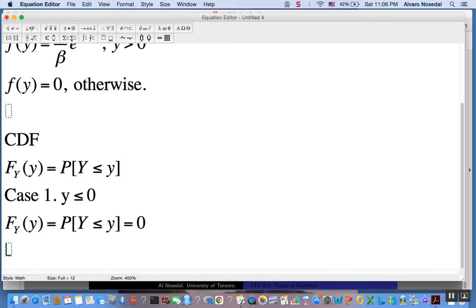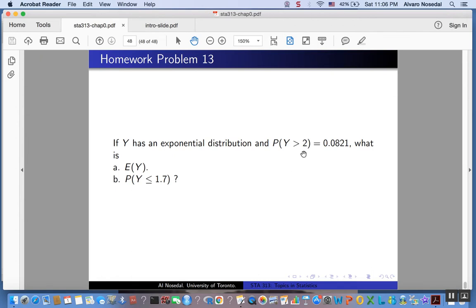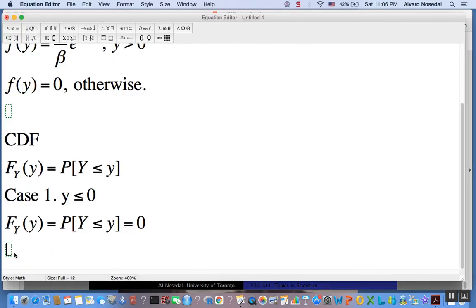The important case is for positive y's. Note that the probability that y is greater than 2 is the same as 1 minus the probability that y is less than or equal to 2. So this probability could be re-expressed in terms of the CDF. It's going to be useful.